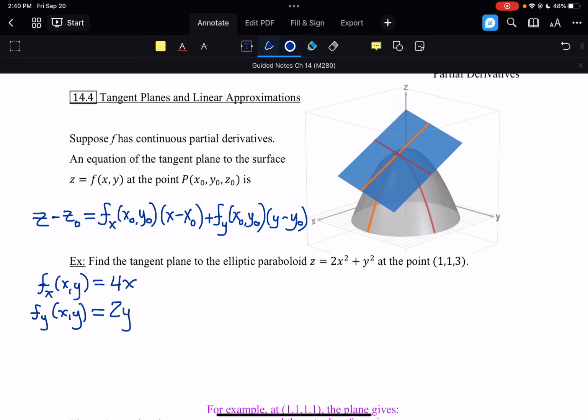It's our partial with respect to y. So our partial derivatives at the point (1, 1, 3): we get fx of (1, 1), which is just 4, and fy of (1, 1), which is just 2.